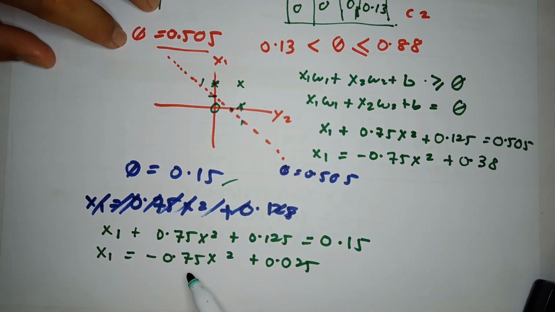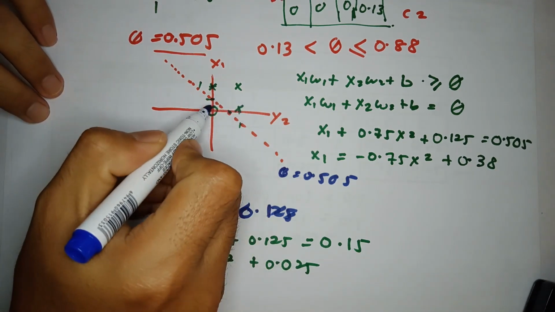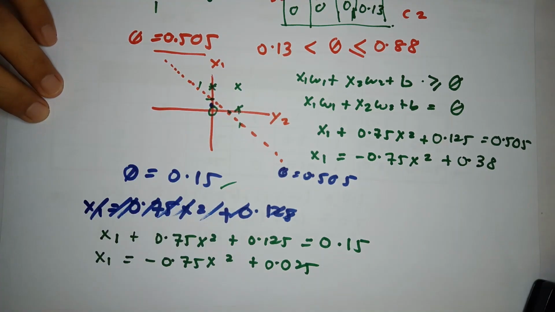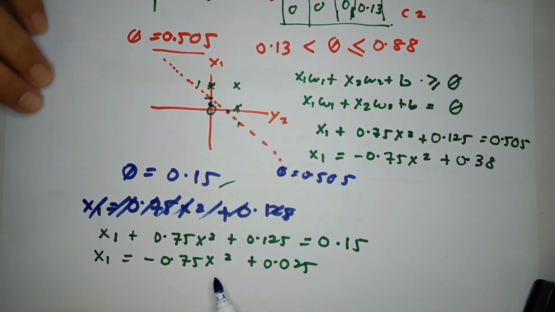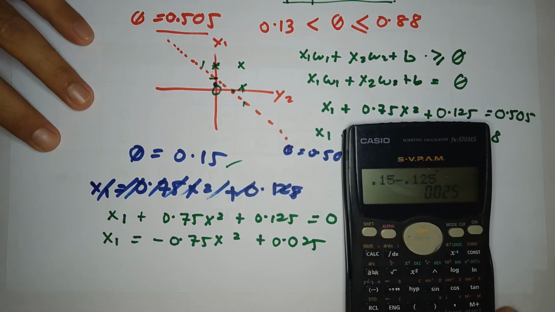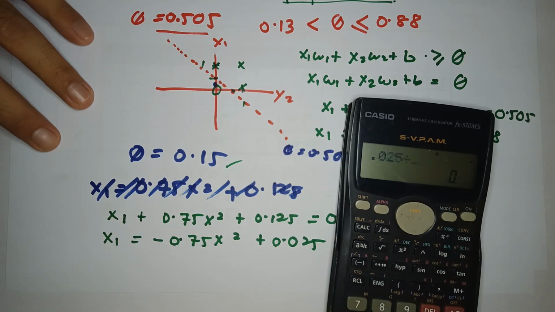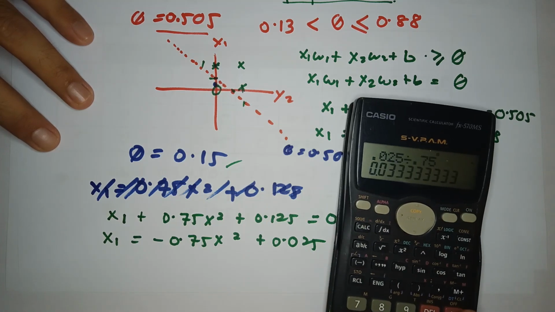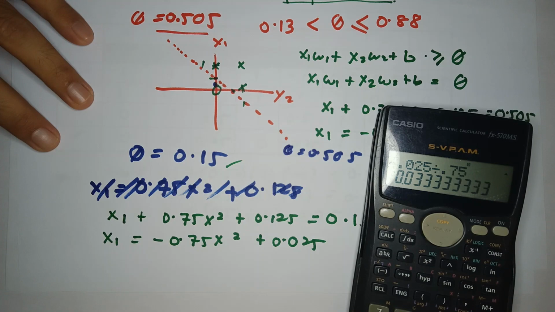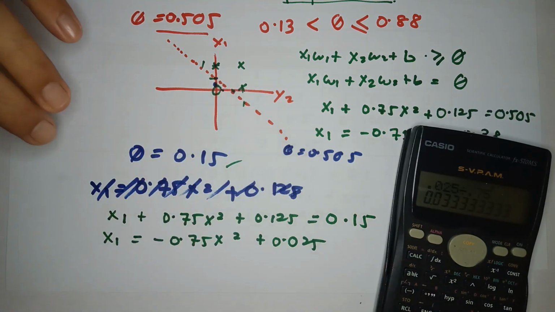If x2 equals 0, then x1 will be 0.025, which means the value will be very near to this side. And if x1 equals 0, then x2 will be 0.025 over 0.75, which is 0.03, very near to this part.